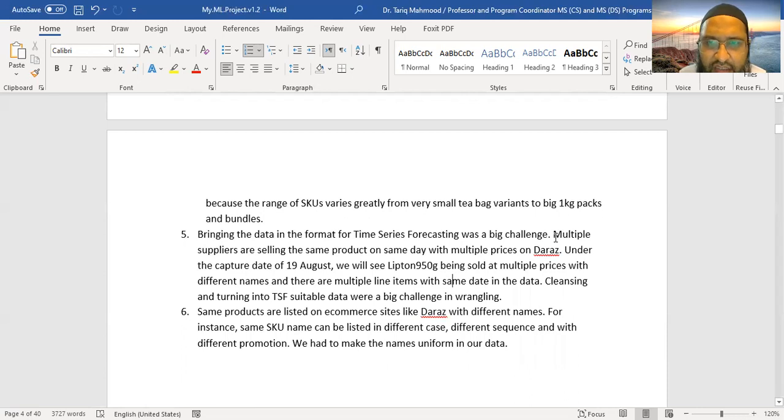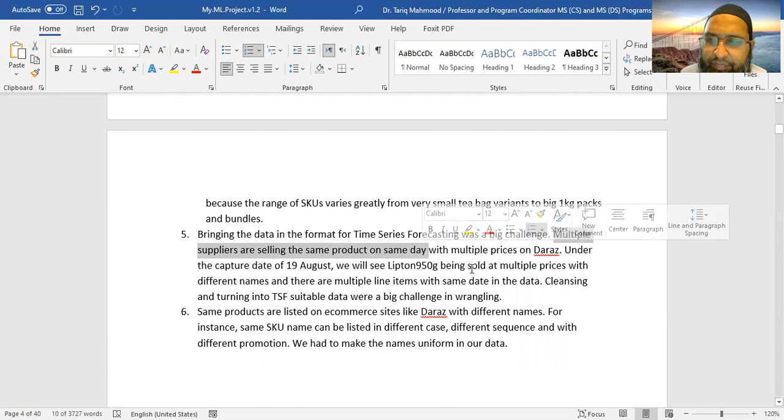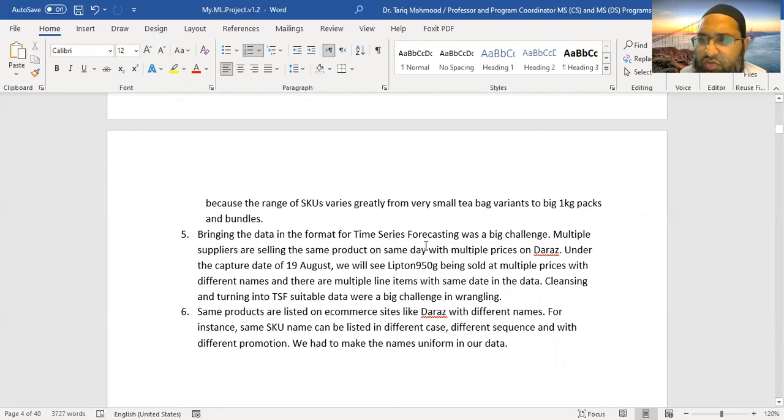The other issue was that multiple suppliers are selling the same product on the same day, so the same product has multiple entries on the same day, which is not what happens in a time series. So we need to aggregate the results of the multiple readings of the same product on one day.